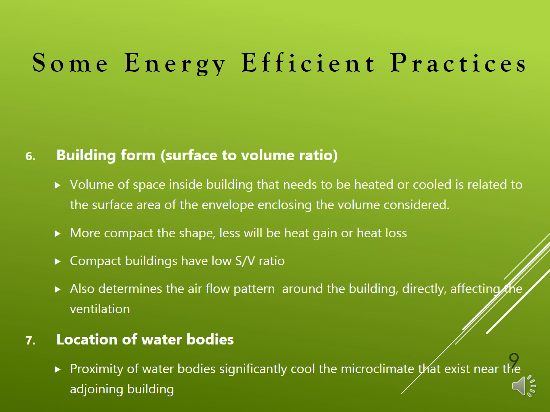Compact buildings have low heat exchange. Building form also determines the airflow patterns around the buildings, which directly affect ventilation. Seventh one, location of water bodies. Proximity of water bodies significantly cools the microclimate near the adjoining buildings.